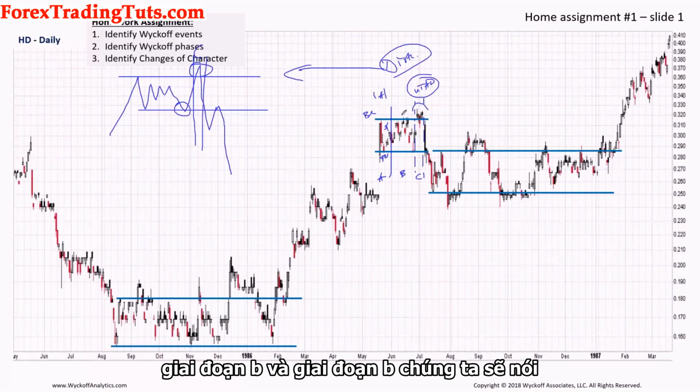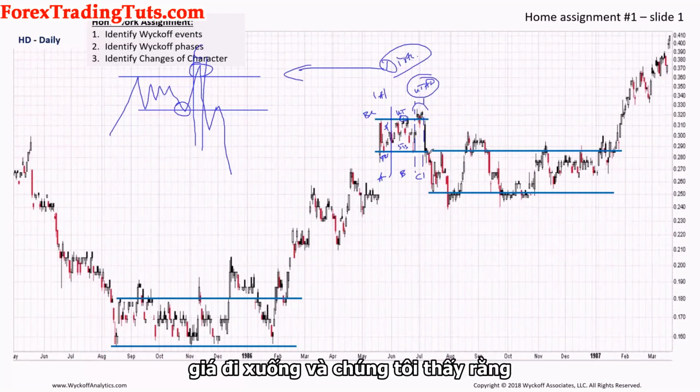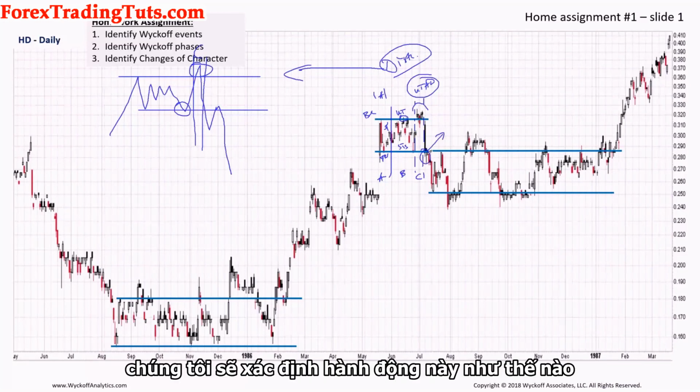In phase B, we're going to say, okay, there is a little bit of a small upthrust here in phase B. There are multiple secondary tests. And then as the price goes down, we see that the price has some tail right here, it's very hard to see. How would we identify this action?